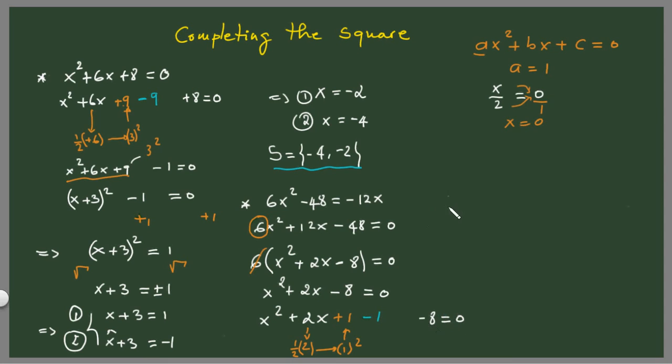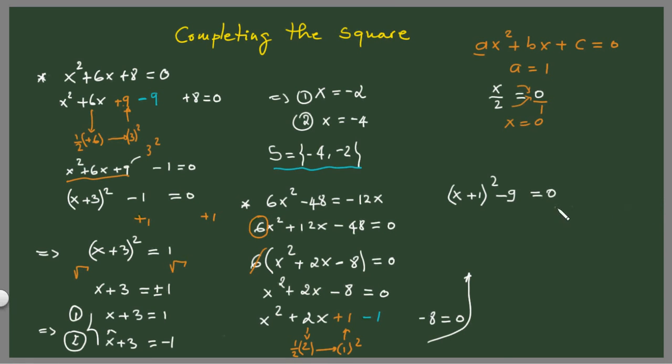What we got here is a perfect square, so we can rewrite it as x plus 1 to the power of 2. Then minus 1 minus 8 would be minus 9, and that equals 0.